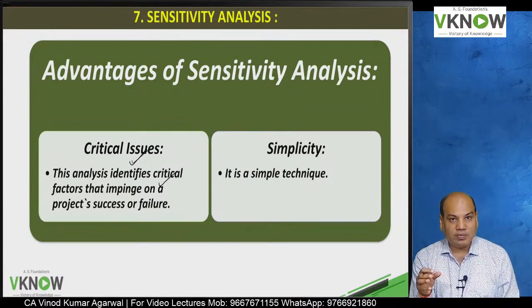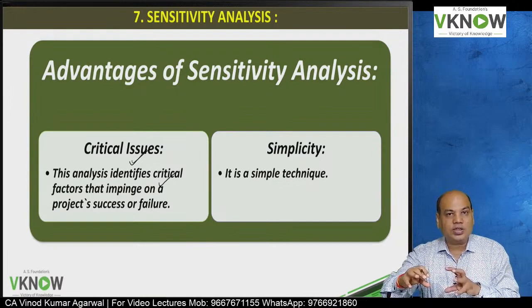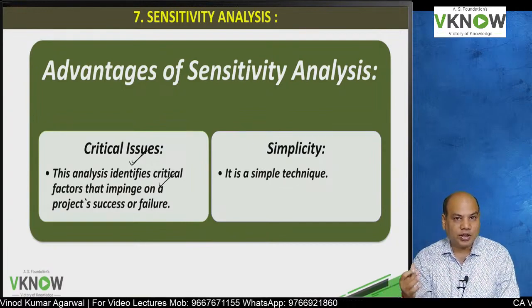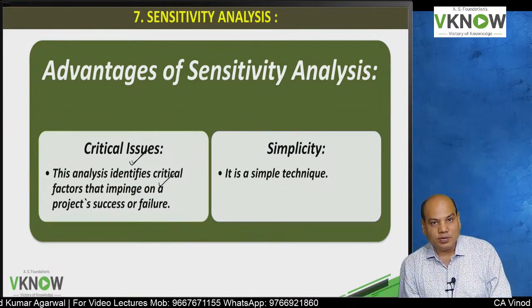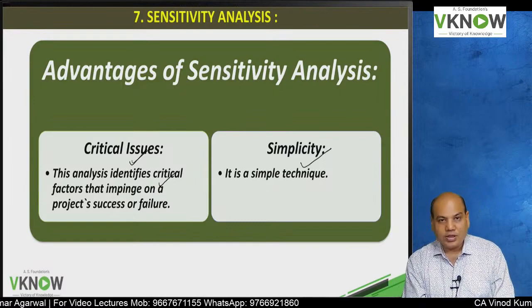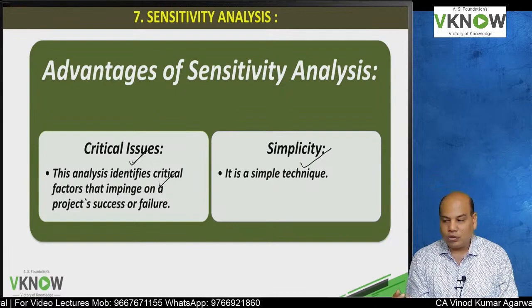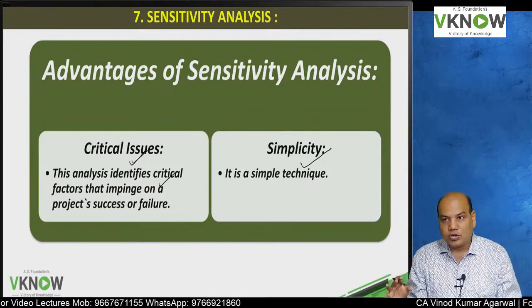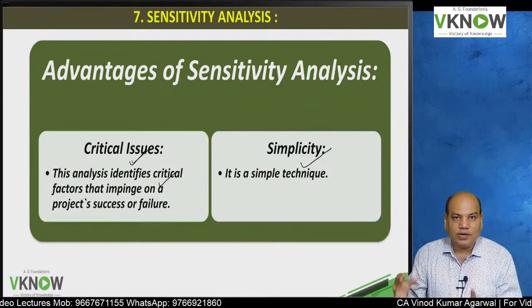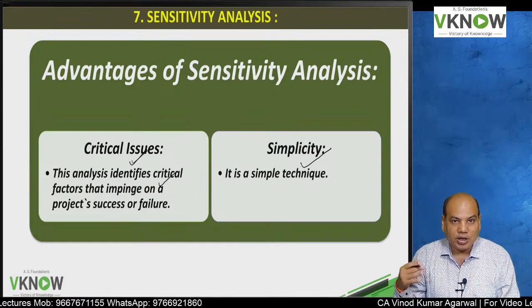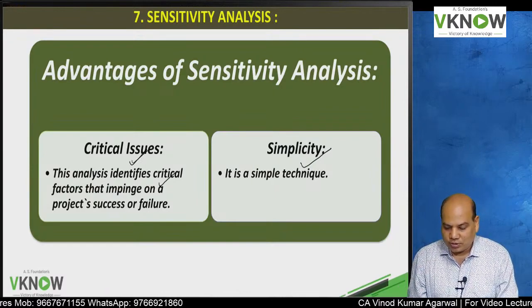They are critical variables, so a small change in them can make your project a negative NPV project. Second, it is a simple technique. You can also apply it. As we will solve the problem, you will find it is very easy, because we are only changing one variable at a time, keeping other variables constant.